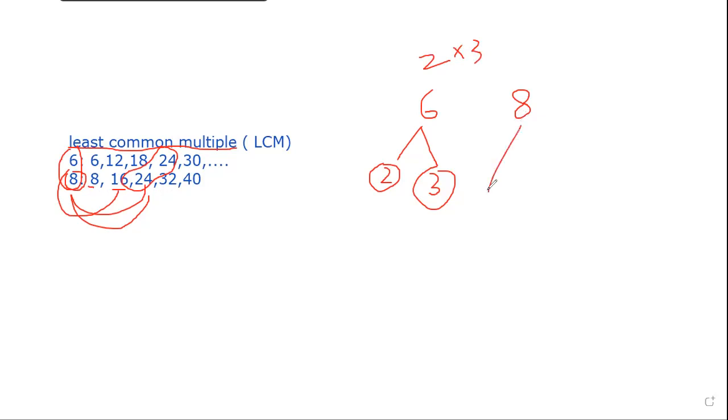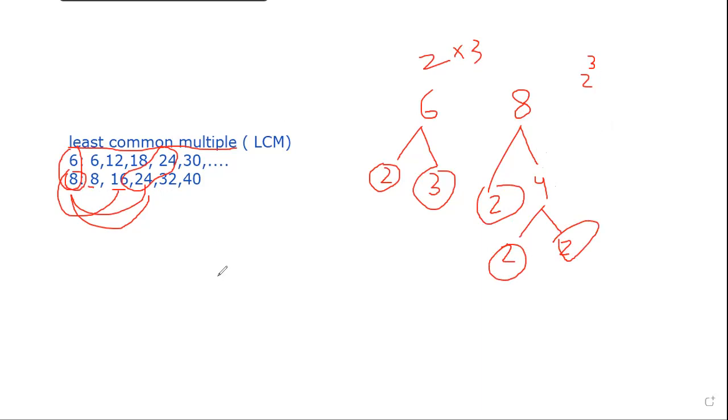And a few minutes ago, we mentioned that 8 is 2 times 4, and 4 is 2 times 2. So it's 2 power 3. So you can remember this. You put circles on the prime factors. This is the prime factorization.